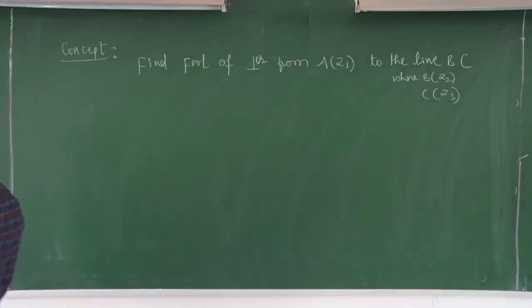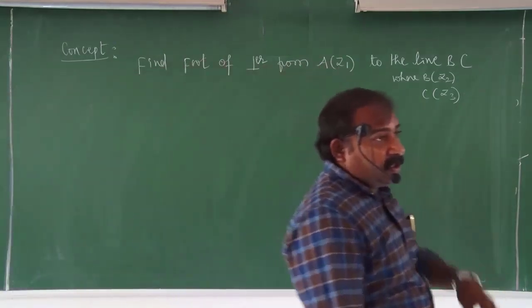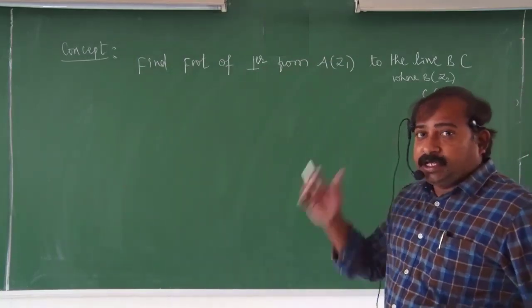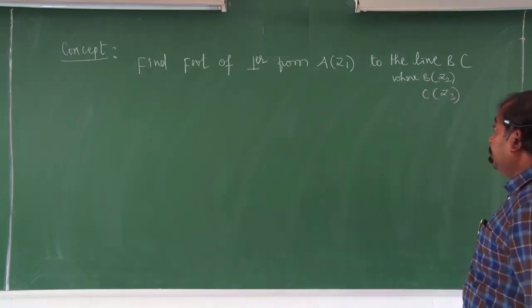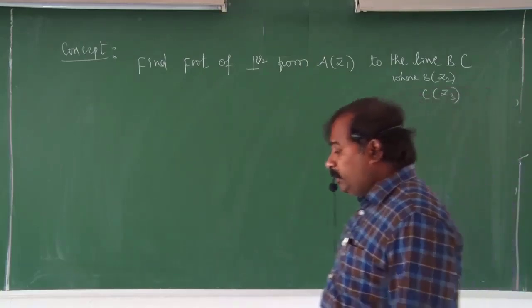In the complex form, if they give it like this, how can you find the foot of the perpendicular? Okay, this is also a nice concept. So here, the foot of the perpendicular from A of Z1 to the line BC, where B is Z2, C is Z3. Listen, all of you.